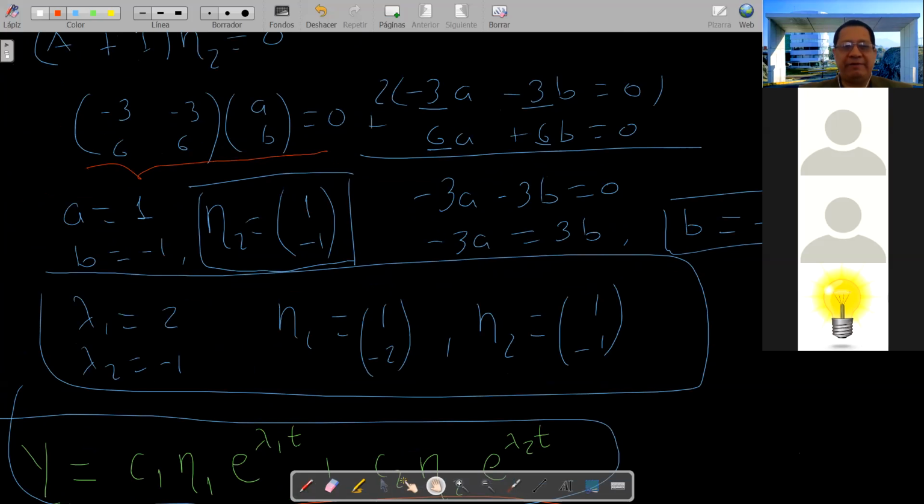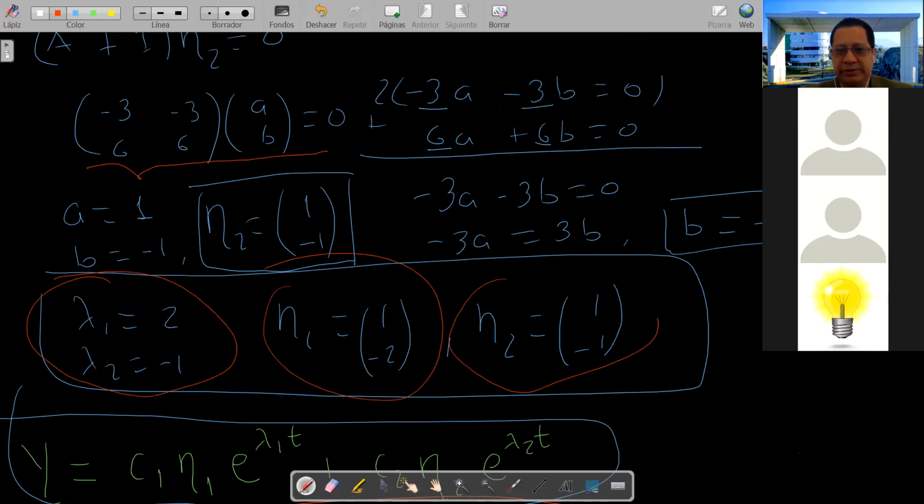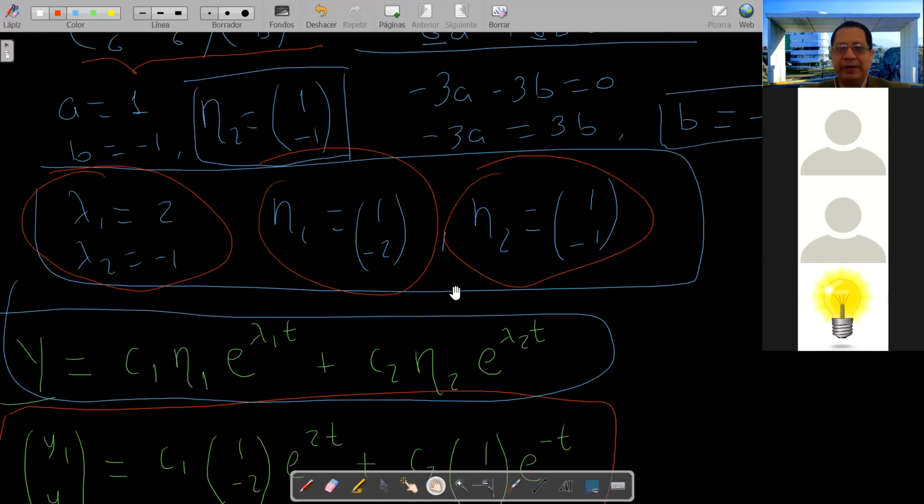So we now have all of the needed components. We have our two eigenvalues, our two eigenvectors, and with that, we simply use the formula established to write the solution to this kind of system of equations, a homogeneous first order linear system of equations.